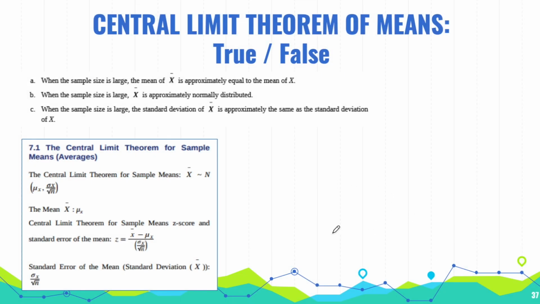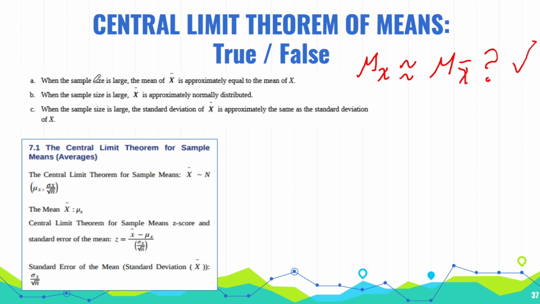Let's go through a few quick questions to make sure that we understand the basics of the central limit theorem of means. A, when the sample size is large, the mean of the sampling distribution of the means is approximately equal to the mean of x. Does mu of x approximately equal mu of x bar? Yes.